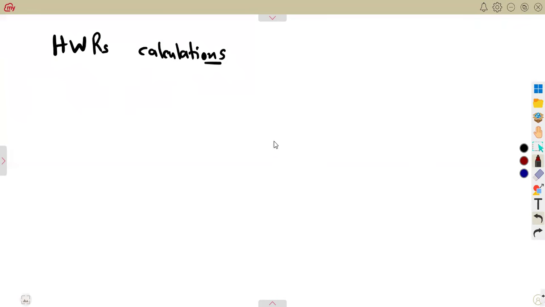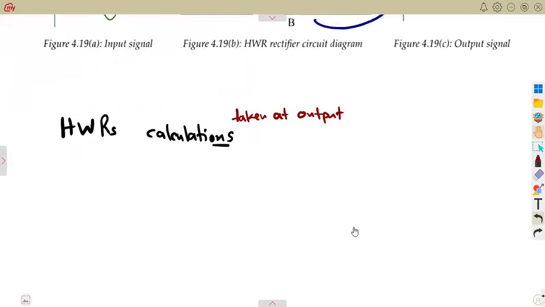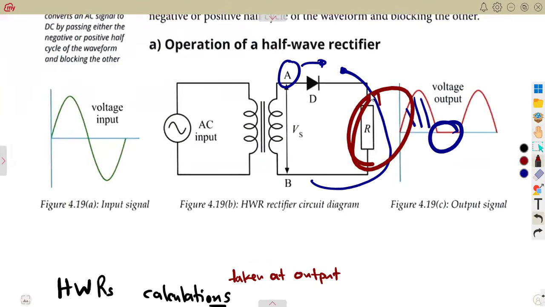So one, these calculations that we are going to talk about, take note, they are taken at the output. We are referring to the output here, where we have got a resistance, the output side. That is where we are relating.